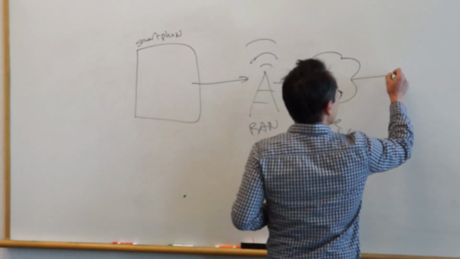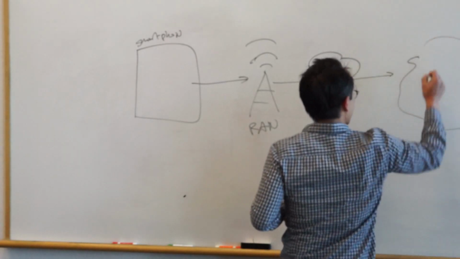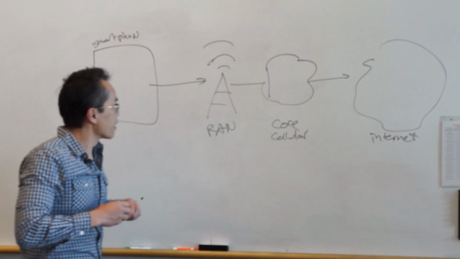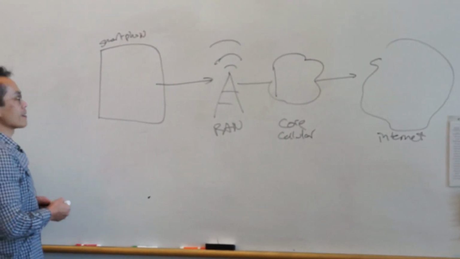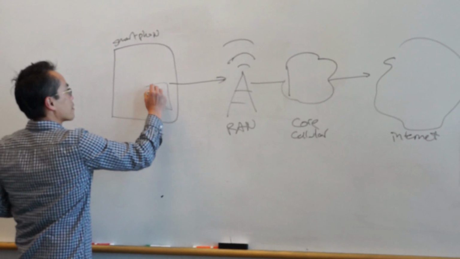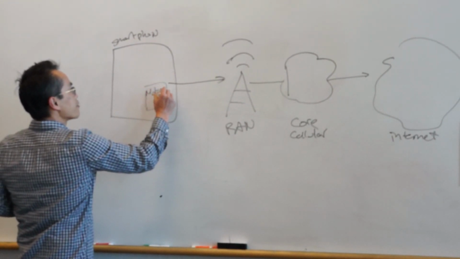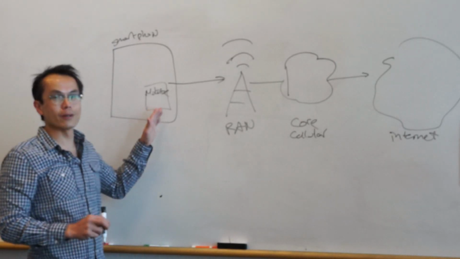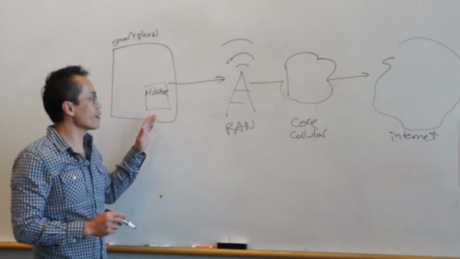And ultimately this goes out into the larger internet. And what we do is we provide optimization that lives here directly on the phone. The reason we do this is because we can enable optimization using just software.